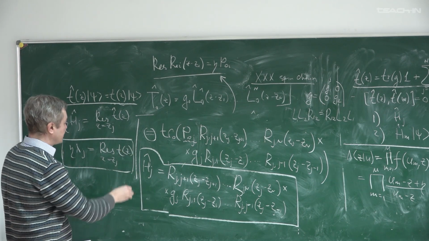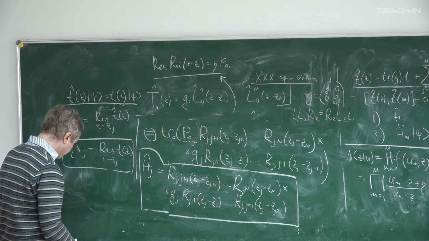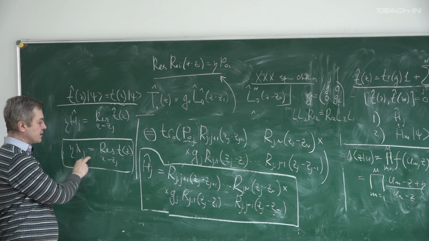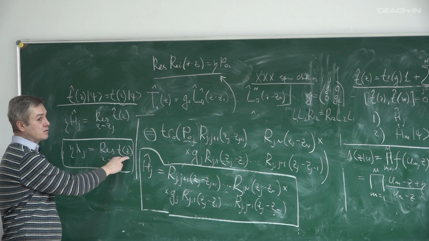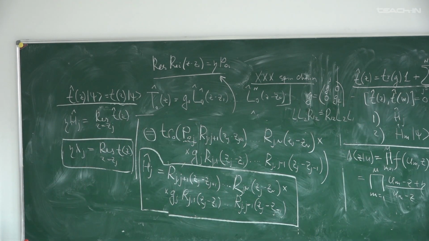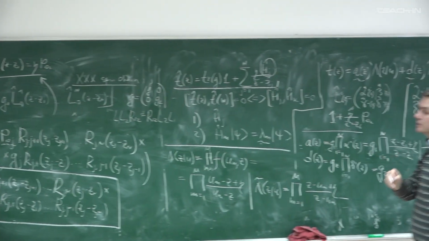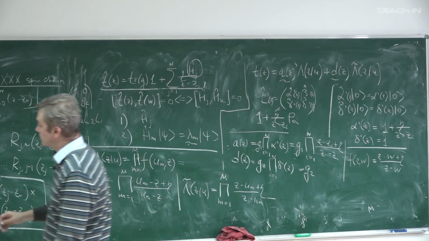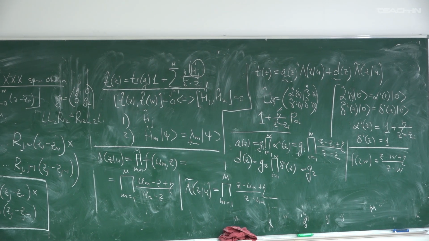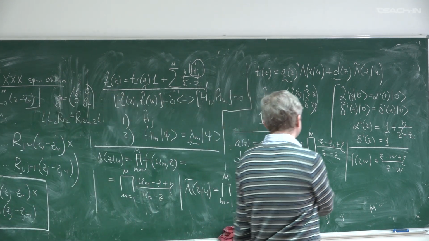We defined the Hamiltonians in such a way that their eigenvalues are exactly residues of this function t of z. And this function t of z is given here. The residues are taken at these poles, which are inhomogeneous parameters, these zj. So let us look at all these expressions standing here.